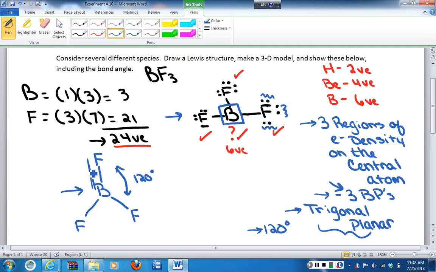Now, we've already learned about bond polarity, where we have a bond, and if we look, for example, at boron bonded to fluorine, we know that there is a difference in electronegativity.